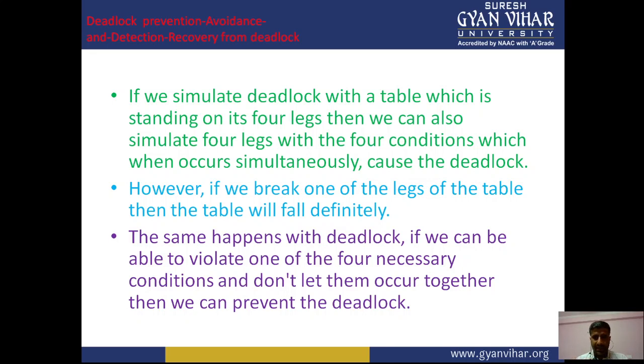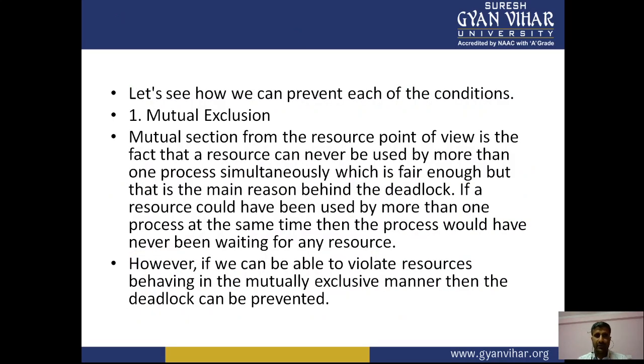Deadlock is generated when all four conditions are working simultaneously. But if we can violate one of them, then we can prevent the deadlock situation. So this is the basic agenda of today's topic. Let us see how we can prevent each of the conditions.